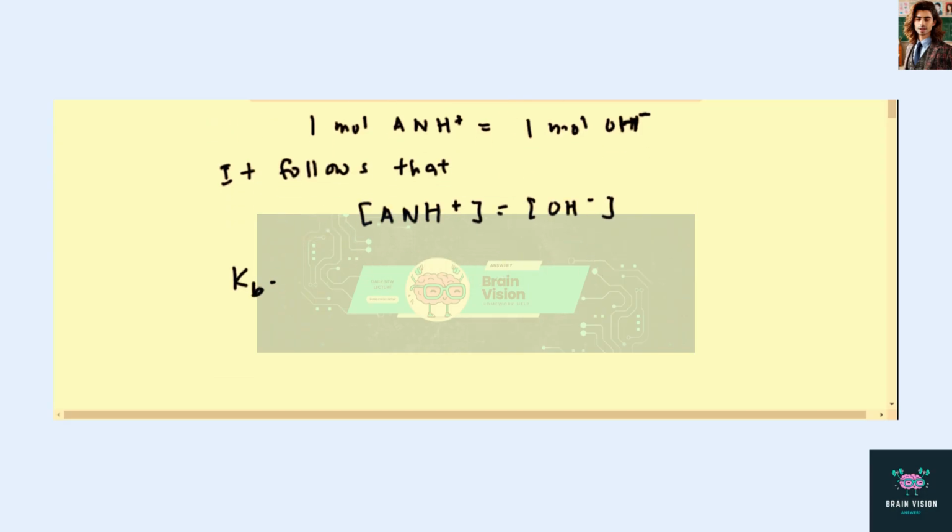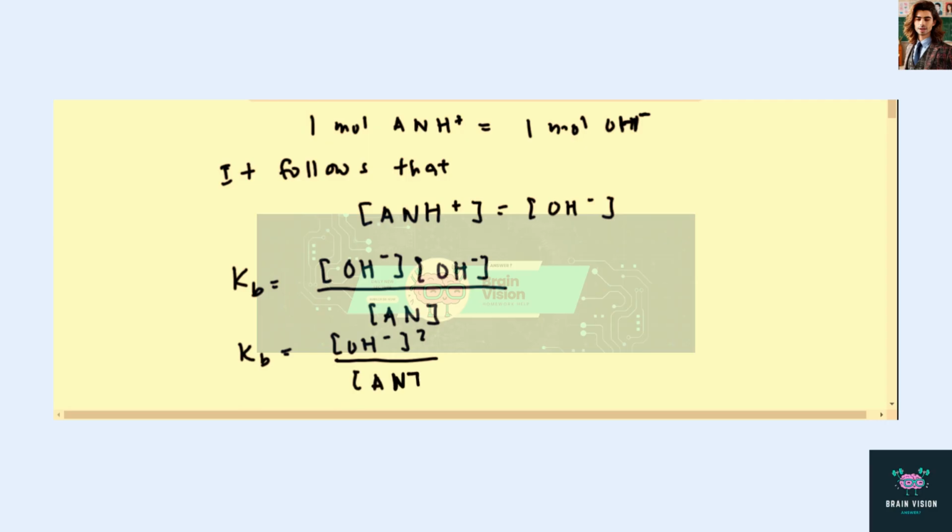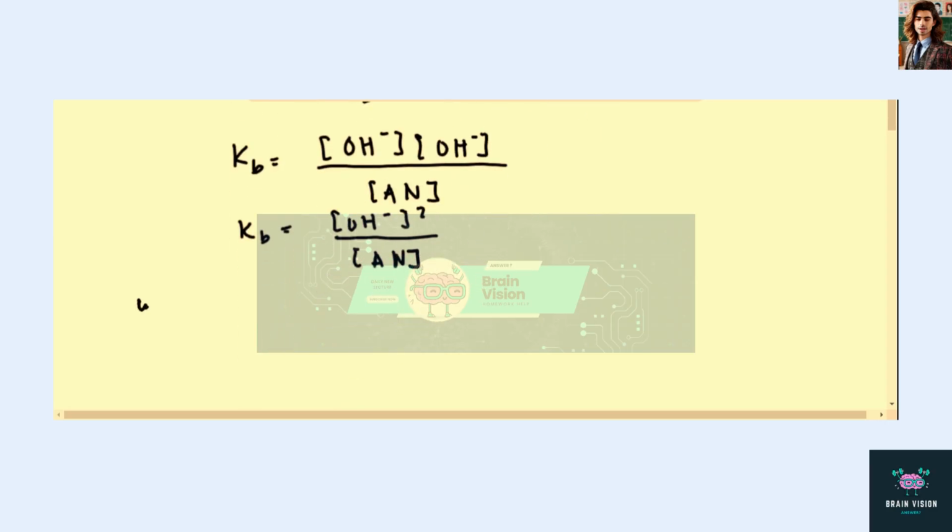So we can rewrite our Kb as: ANH+ is going to be OH times another OH, over AN, or this is OH squared over AN, where the equilibrium concentration of the weak base is equal to its initial concentration minus the amount that dissociated, which we can express in terms of OH as the concentration of OH.